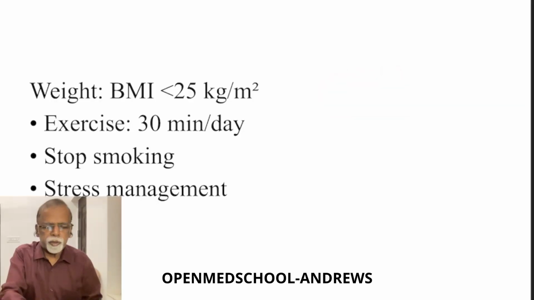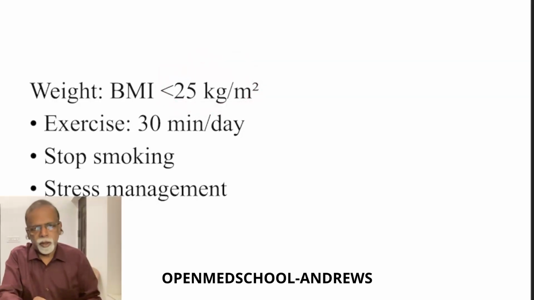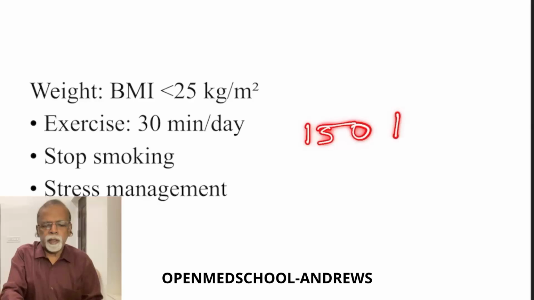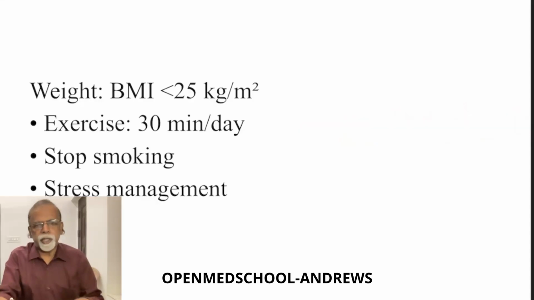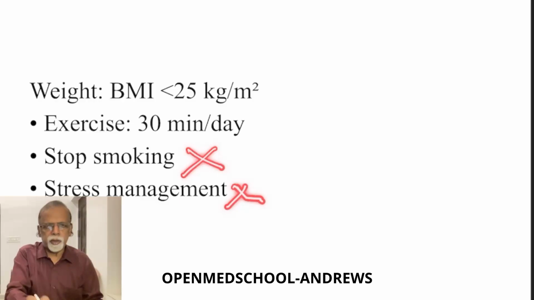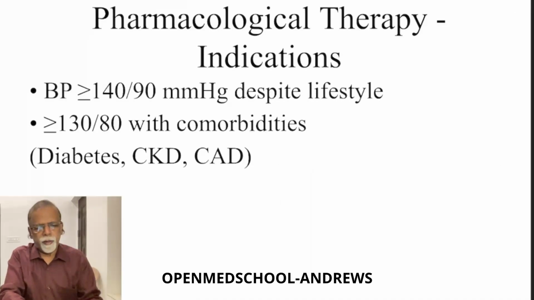At least it should be made less than 25 kilograms per meter square. Do exercise for 30 minutes a day, that is approximately 150 minutes per week, at least 5 days a week. Stop smoking, and appropriate stress management should also be done, yoga and other things.